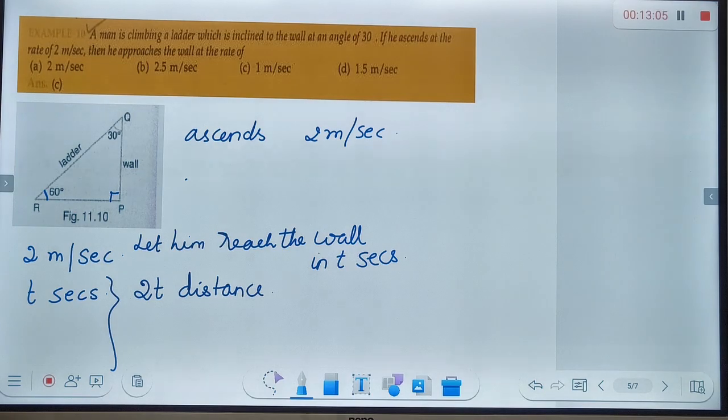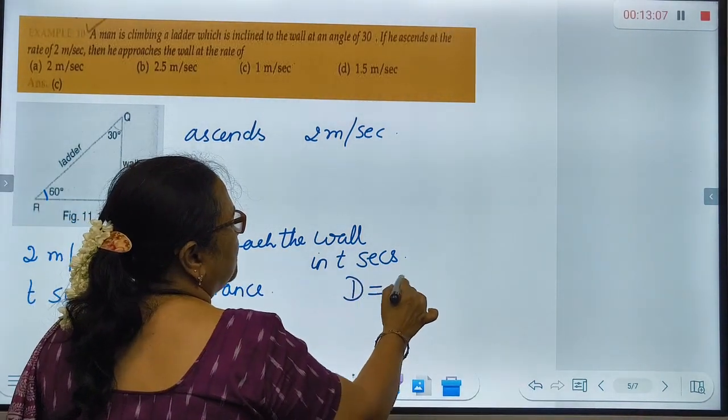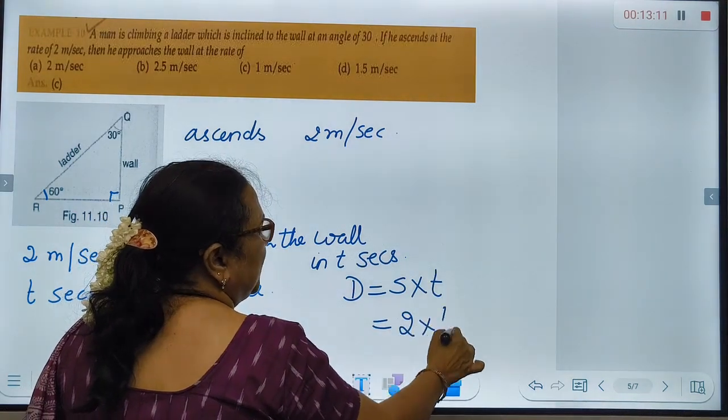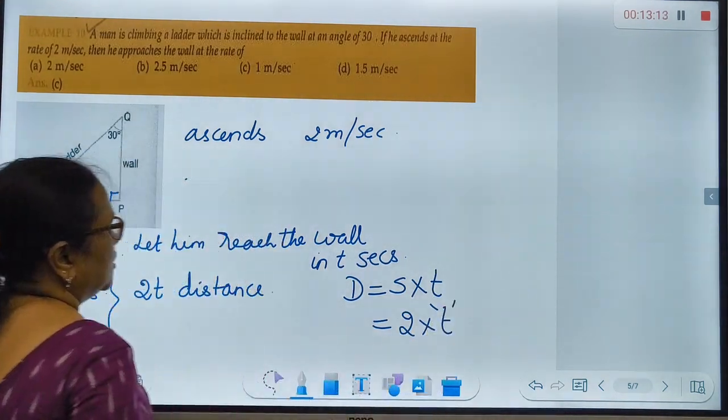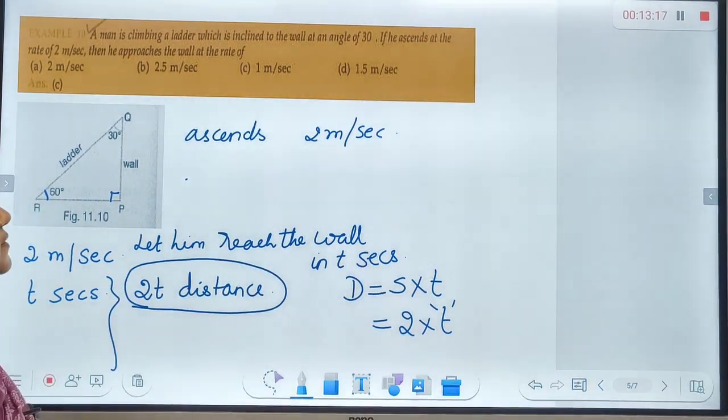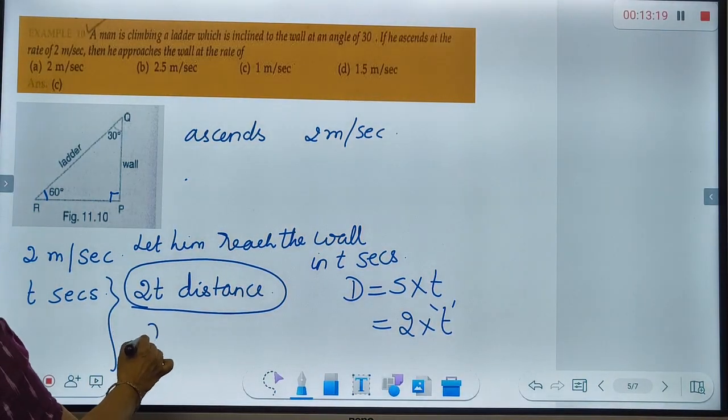Then what is the distance? You know distance equals speed into time. Speed is 2. Let time be t. So it is 2t distance, 2t meters.